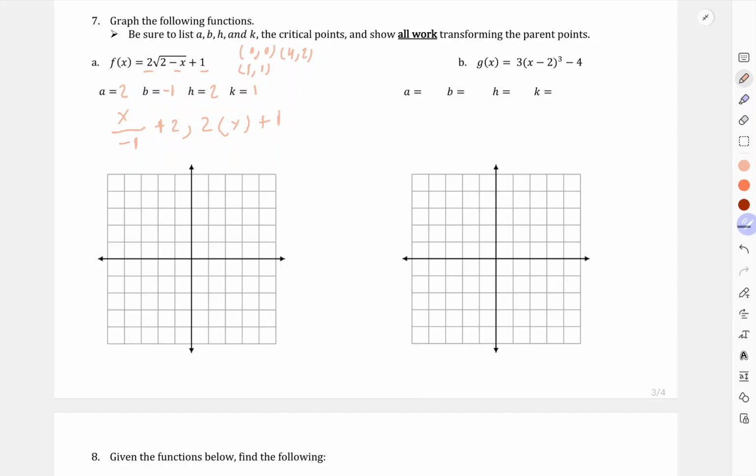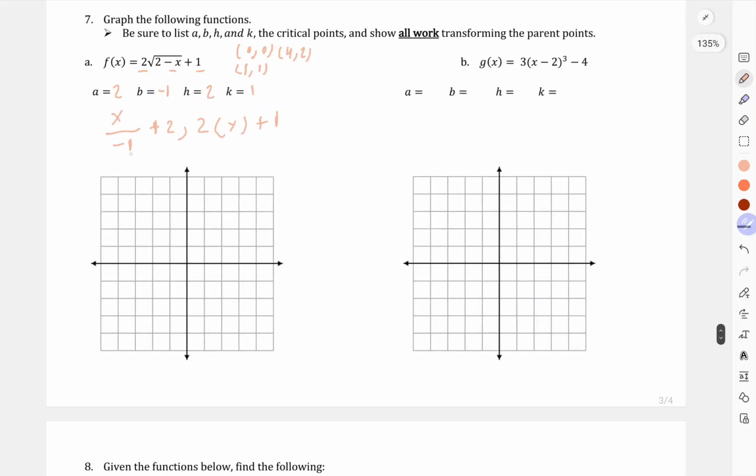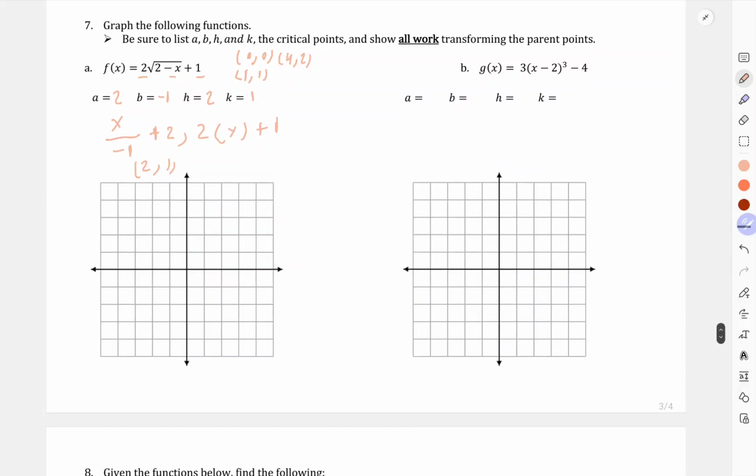Okay, plugging in 0, 0, we know that, well, okay, 0, 2, right, 0, and then we have 1. That is our first point. We cross this off.